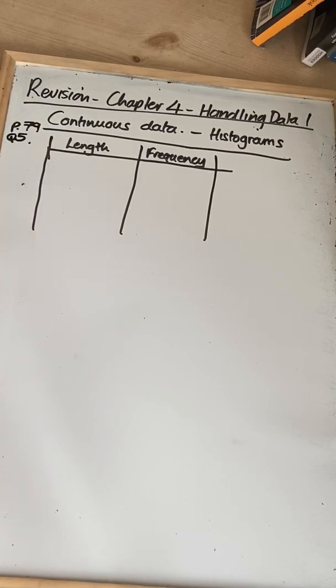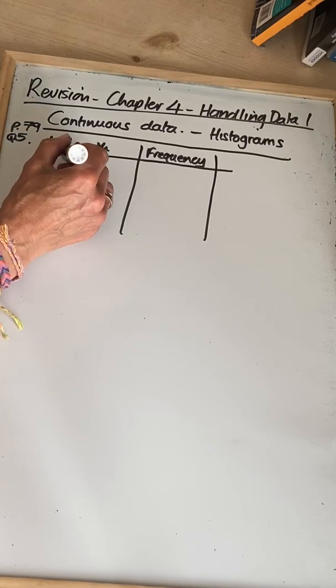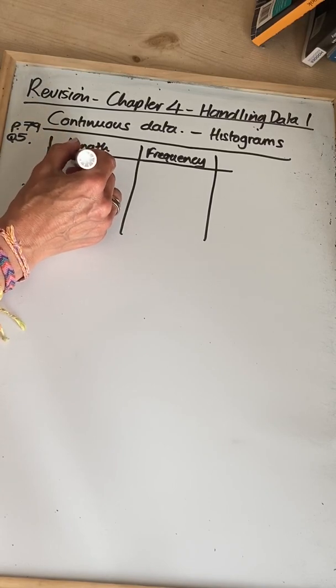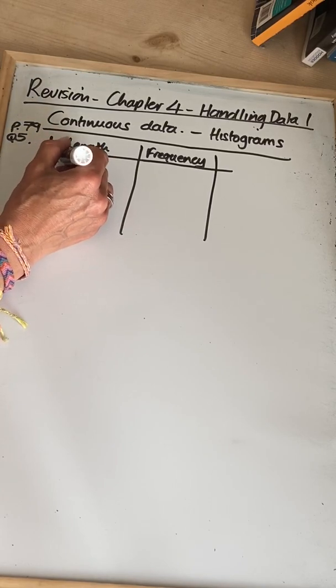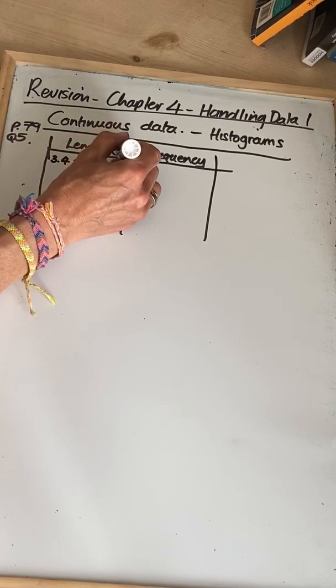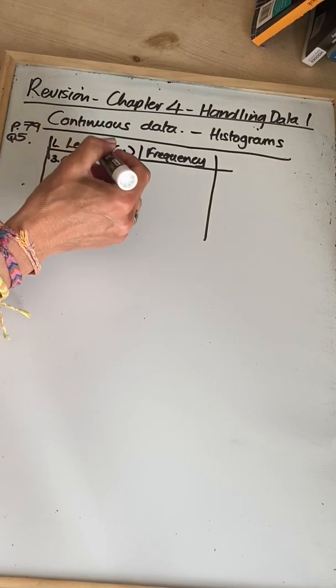So this table that I'm about to draw out has got lengths of cars in a car park, okay? So lengths are going to be L's, and the lengths of cars are in meters. I'll put that in meters, L for length.